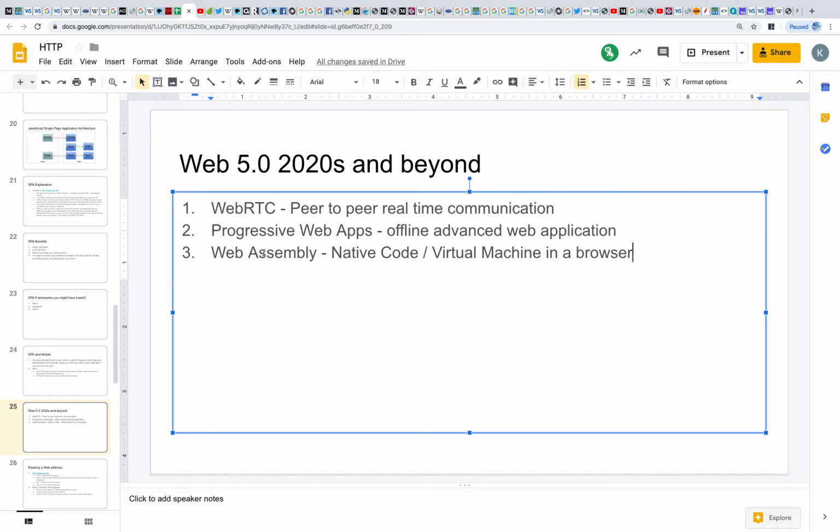And so we're going to see an amazing explosion in an Internet 5.0 over the next few years that's going to be built around these technologies to give user experiences online that have just never been possible before.